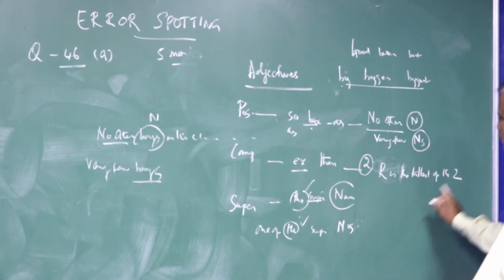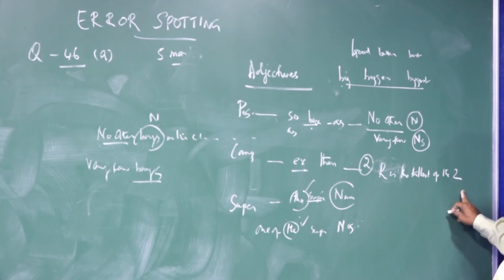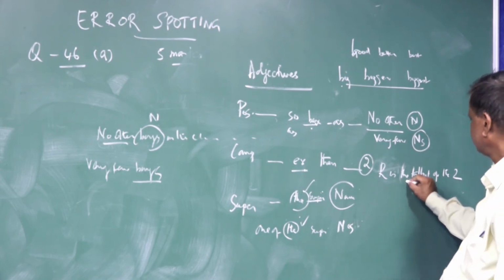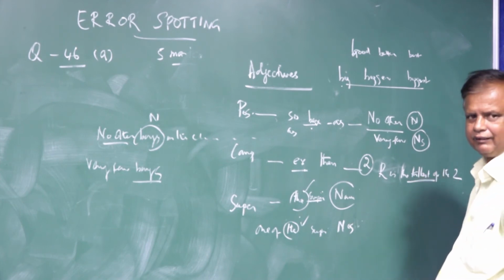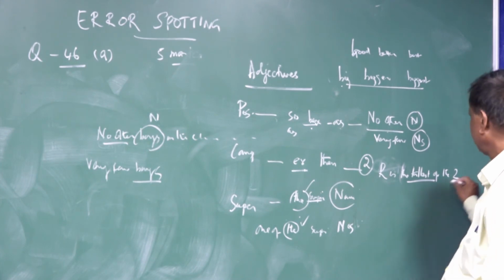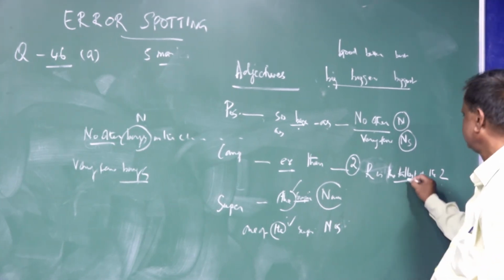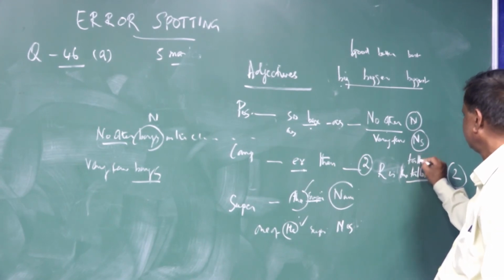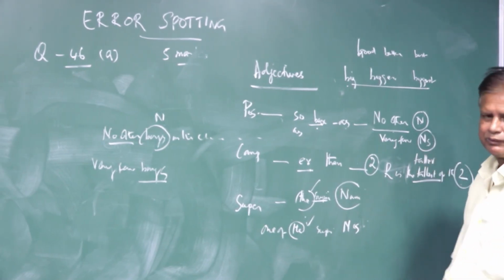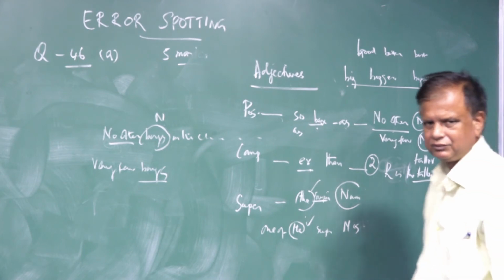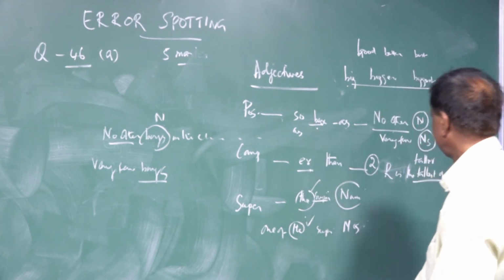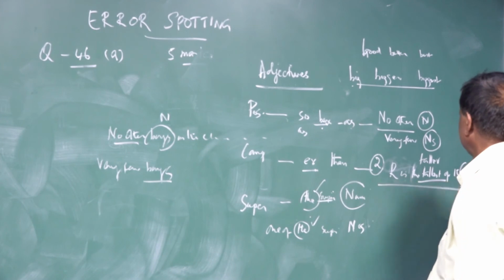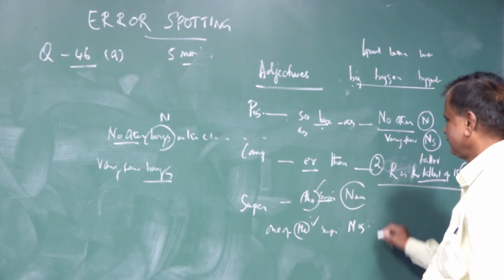When I am using two people, I cannot use the superlative degree. I should see when two things are used, I should use only the comparative degree, taller of the two. I should use only the taller of the two. So this should be seen.